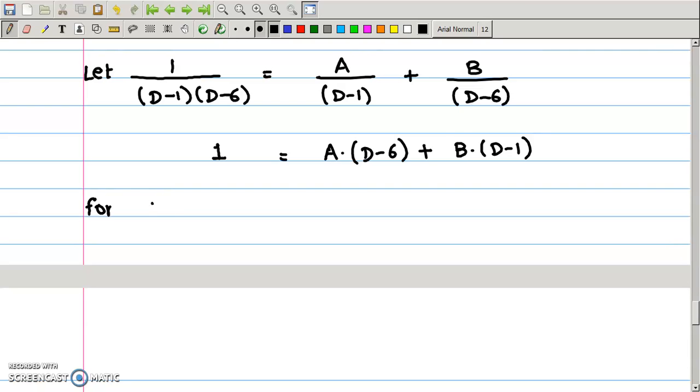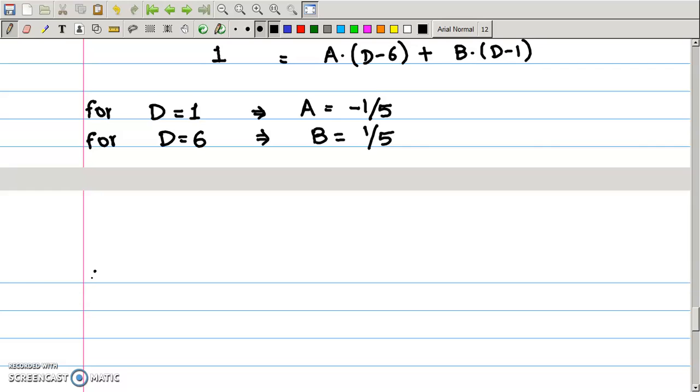So for d is equal to 1, what will be the value for a? If we substitute d is equal to 1, this will be minus 1 by 5. And for d is equal to 6, the value for b is equal to plus 1 by 5.